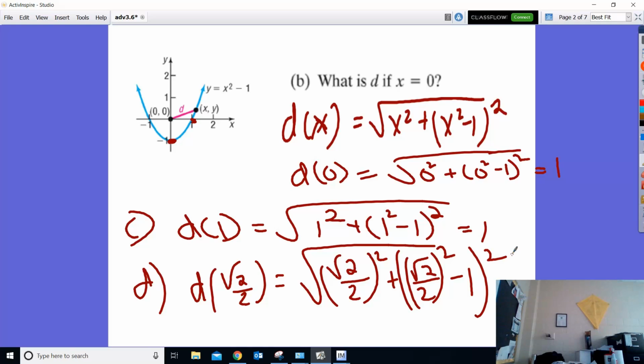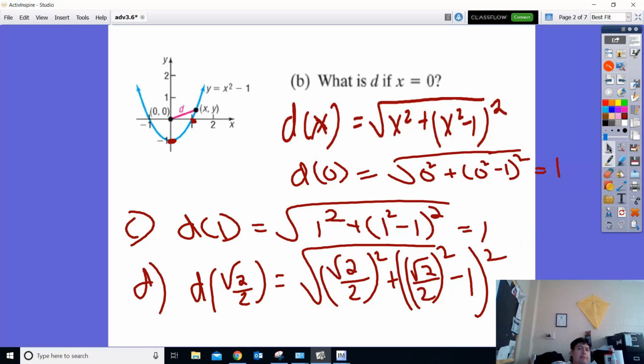That's kind of ugly to plug in on paper, isn't it? It's not going to be a bad problem, no. It's really not.